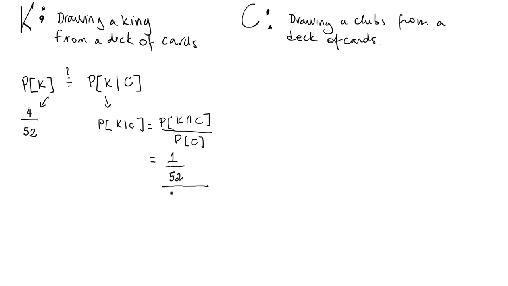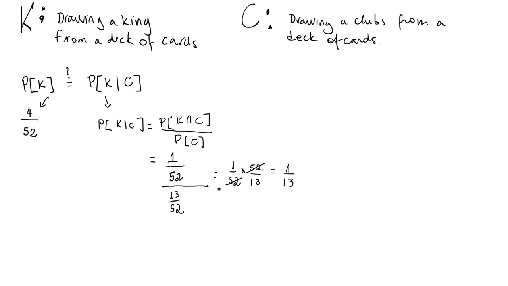Well, we have 13 clubs over 52 cards. So at the end of the day, this probability is 1 over 52. You multiply across by the denominator, this goes away, and you're left with 1 over 13.